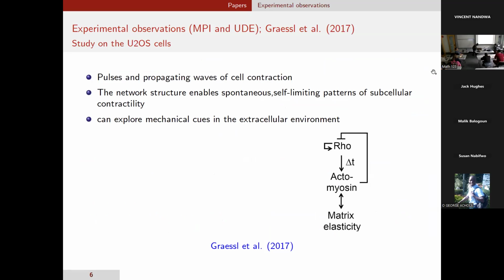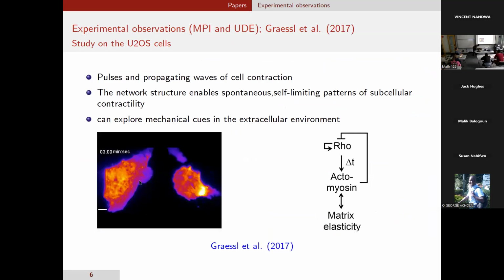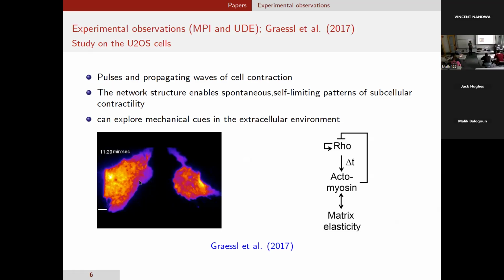Starting with the work of Graessl. Graessl et al. were the first to look at this network composed of Rho, myosin, and the GEF. They identified this self-organized system composed of Rho and the GEF through positive feedback, and then Rho activates actomyosin, or myosin, which in turn inhibits Rho. They identified two types of myosin, myosin 2A and myosin 9B.